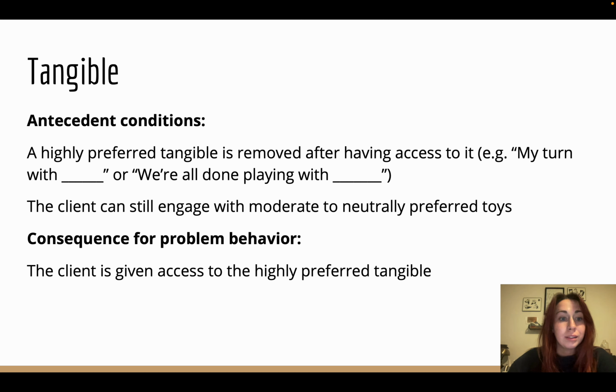So the client still has access to moderate or neutrally preferred toys and also attention from the clinician. If the client engages in problem behaviors, they would be given access to the tangible again. So the clinician would give it back to the client.